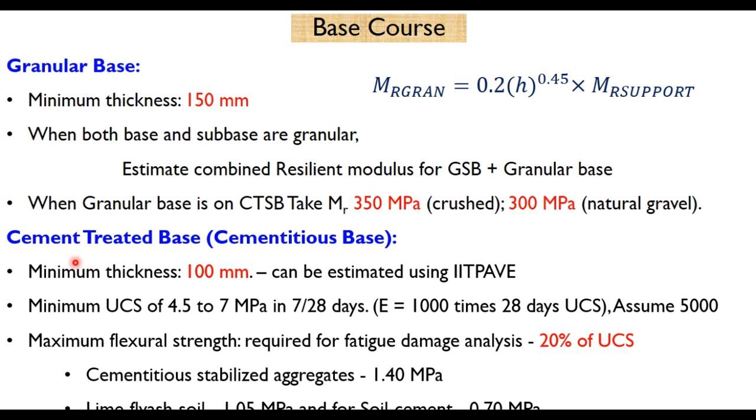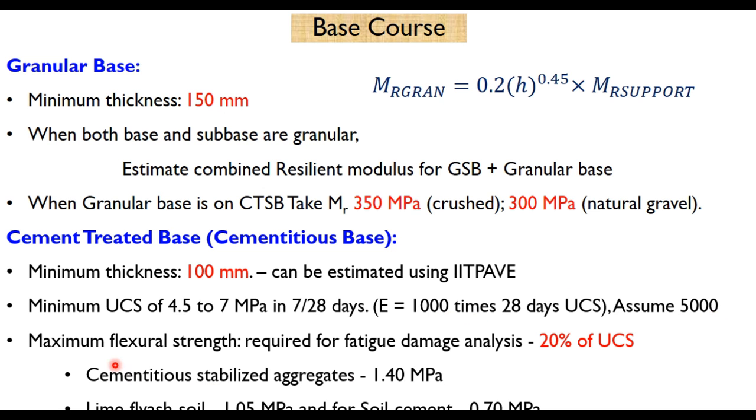In case of cement treated base, the minimum thickness requirement is 100 millimeter, and that can be estimated using IITPAVE. The minimum UCS of the material to be used as cement treated base should be 4.5 to 7 MPa, and E value is again taken as 1000 times UCS, but the code suggests that the maximum value of E can be up to 5000 MPa.